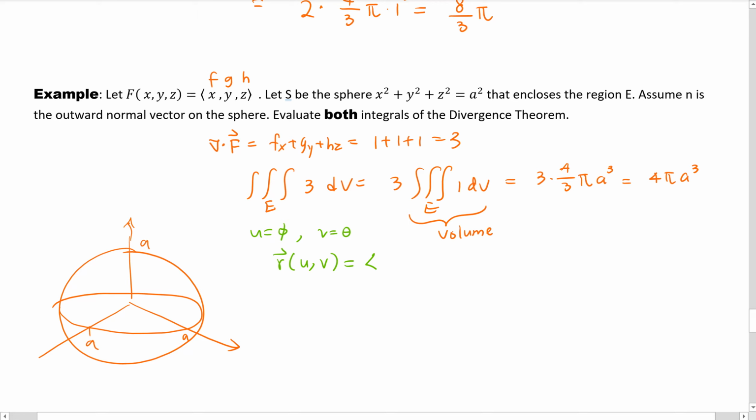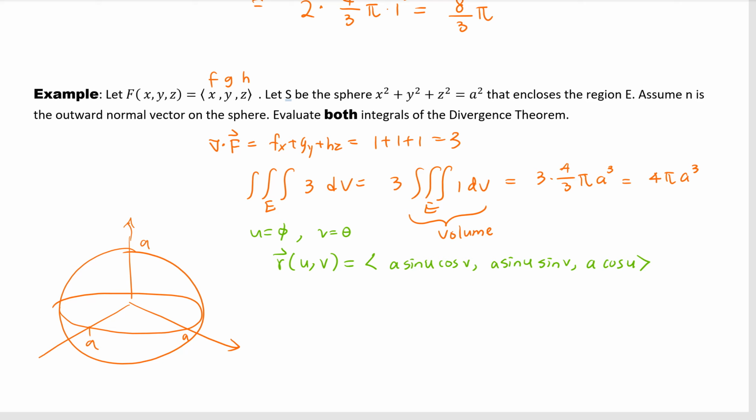Then rho is a, that's constant. So it's a sine u cosine v, a sine u sine v, and a cosine u. Right? This is the parametrization.